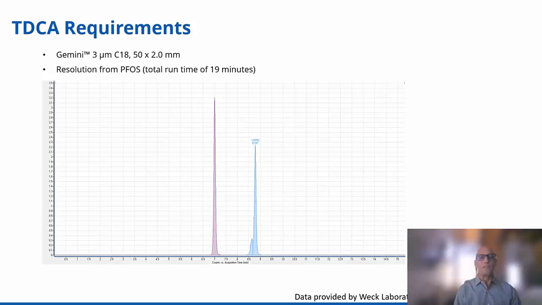The next two slides illustrate the impact of different column chemistries for the separation of TDCA as required in 1633. In this example, with the Gemini 3 micron C18 column, TDCA has a 1.5 minute resolution from the PFOS window with a 19-minute total runtime.